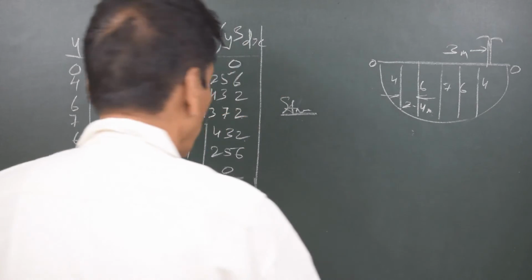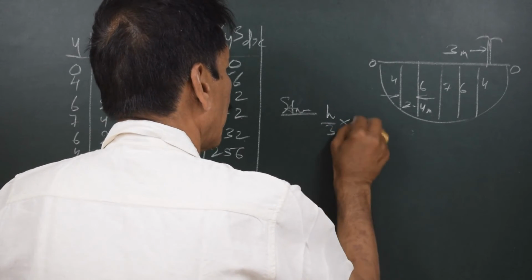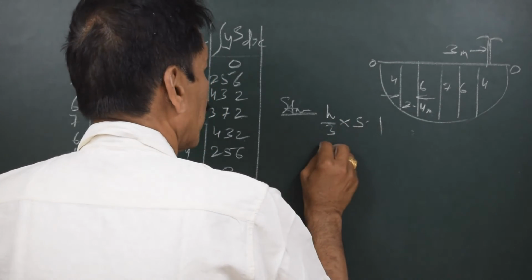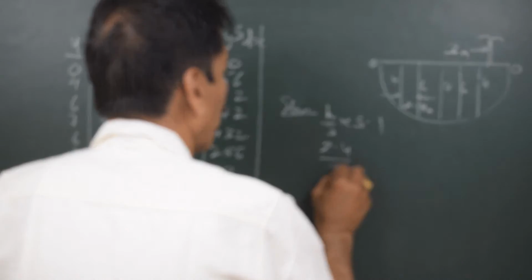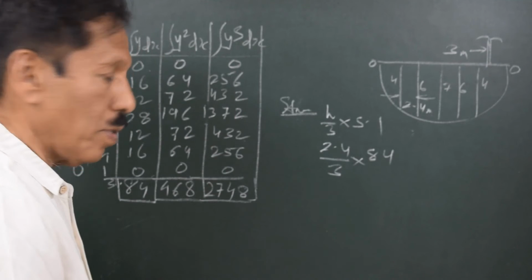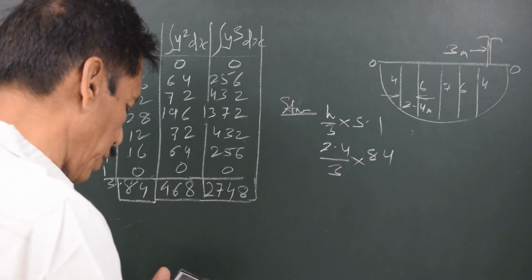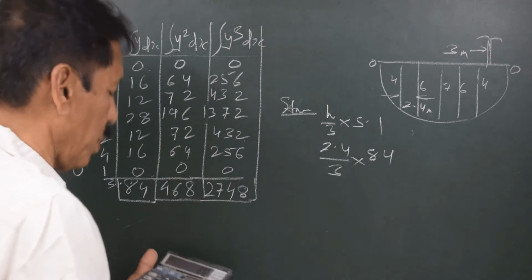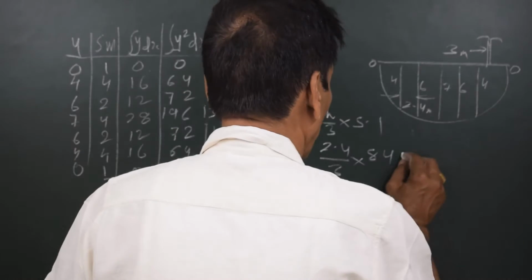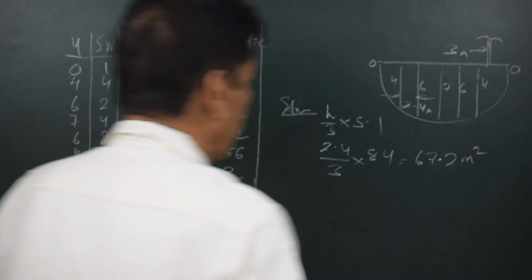So the area is h by 3 into sum 1. That is 2.4 upon 3 into 84. So that will be 0.8 into 84, which is 67.2 meters square. 67.2 meters square is the area.